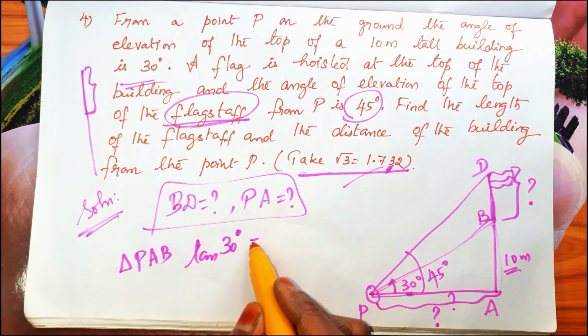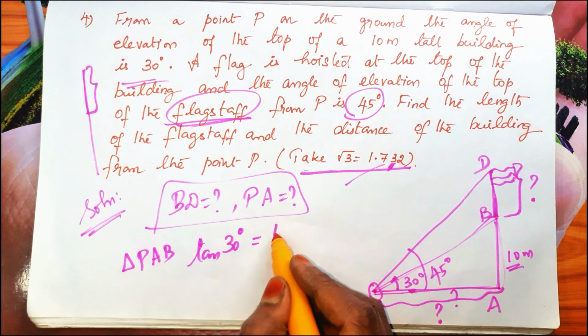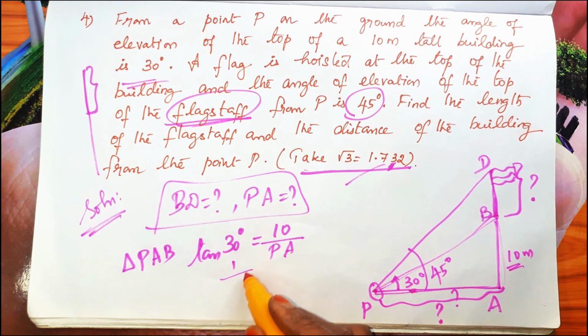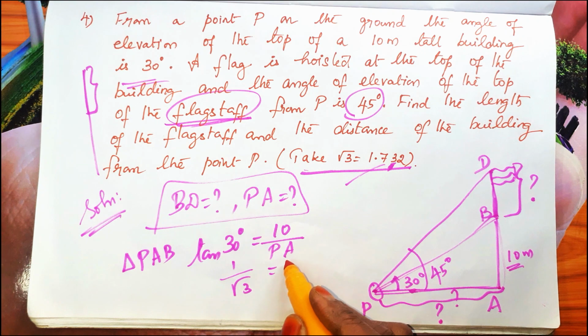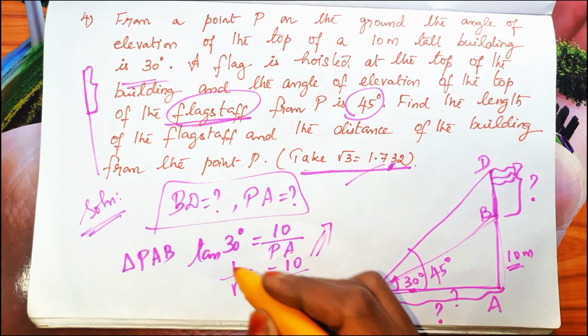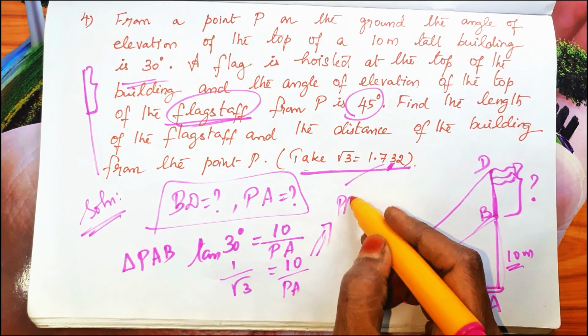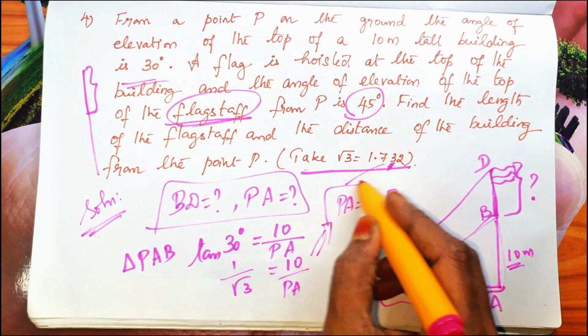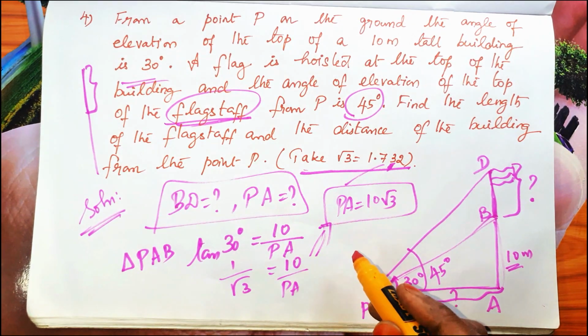Tan 30 is equal to the opposite side, 10 meter, by the adjacent side PA, which we don't know. What is the tan 30 value? 1 by root 3. So 1 by root 3 is equal to 10 by PA, which will give, taking PA to the other side, PA is equal to 10 root 3.